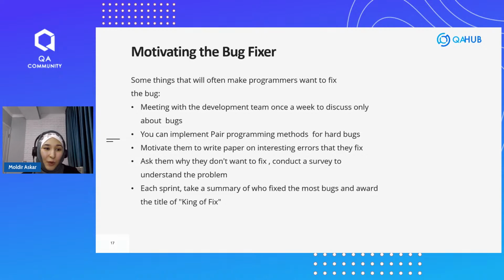Some things that often make programmers want to fix a bug: a meeting with the development team once a week to discuss only bugs, where the QA team can present bugs and sell bugs. Next, you can implement pair programming for hard bugs.